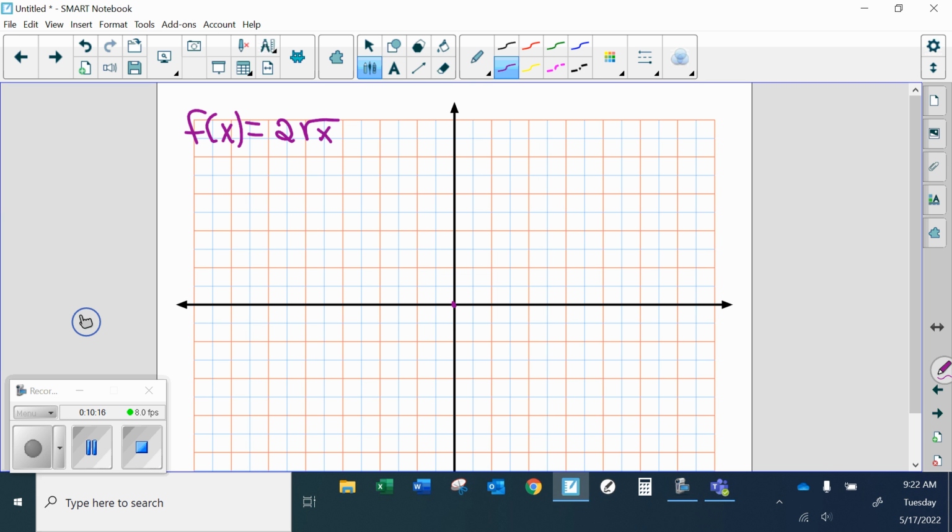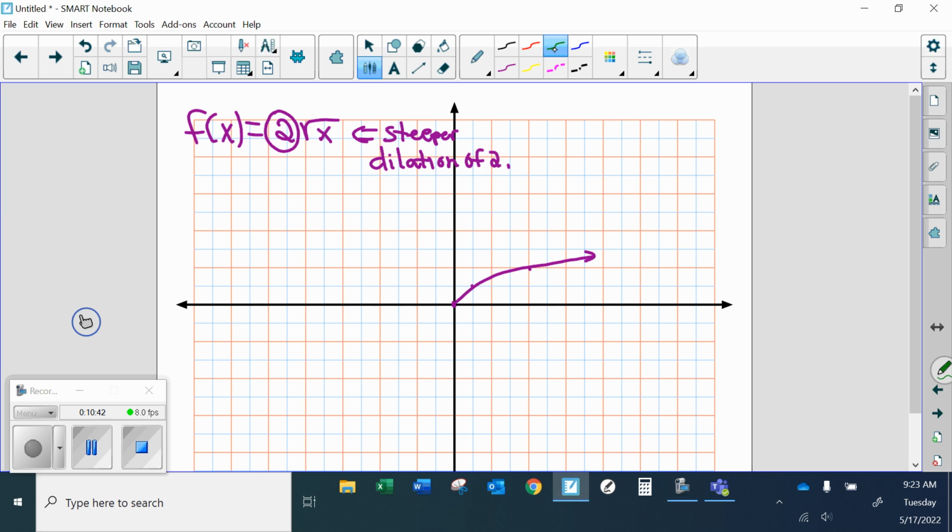Remember, this is my original 0, 0, 1, 1, 4, 2. Now, if I put a 2 up front, this makes it steeper. And this is called a dilation of 2, or also called a vertical stretch of 2.